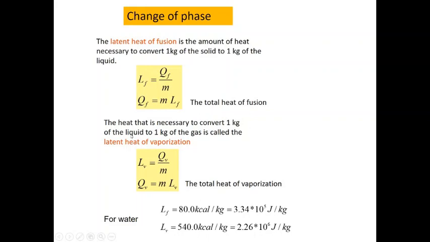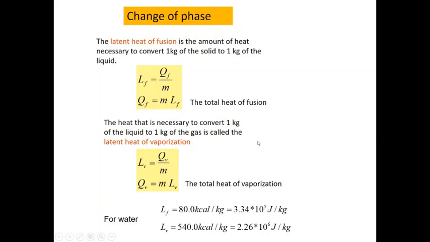The total heat of fusion QF is equal to M LF. This is latent heat of fusion. So for example, for water, the latent heat of fusion is 80 kilocalorie per kilogram, or 3.34 10 to the 5 joules per kilogram.